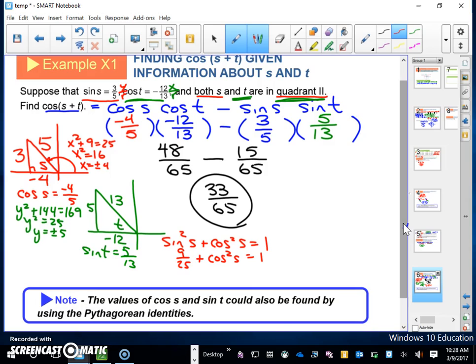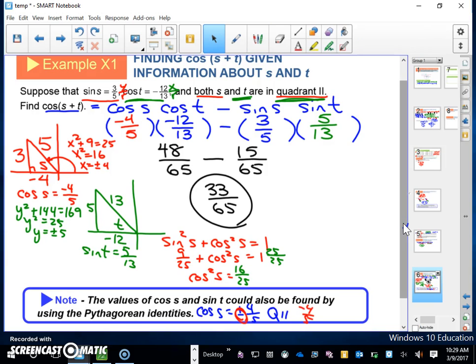Subtracting 9/25 from 25/25, cosine squared S equals 16/25. Taking the square root of both sides, cosine S equals plus or minus 4/5. But S is in quadrant 2, where cosine is negative, so that's how I knew it was negative 4/5.